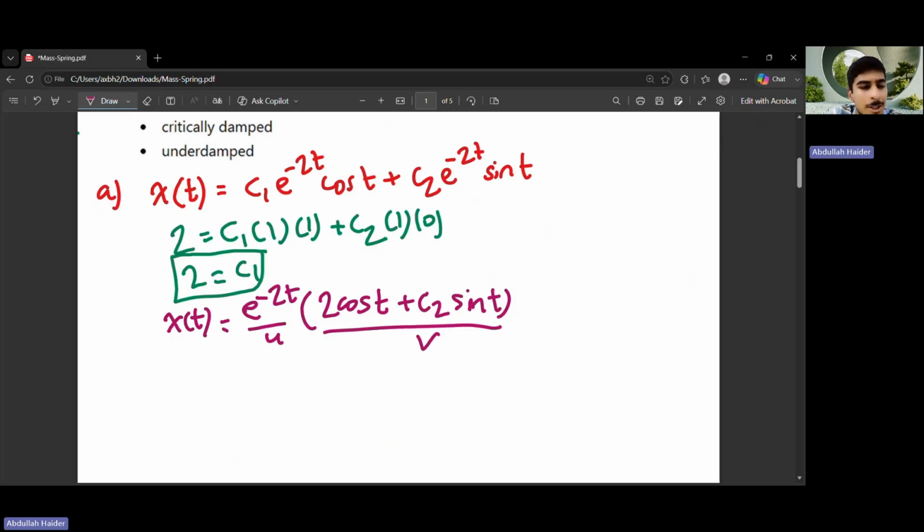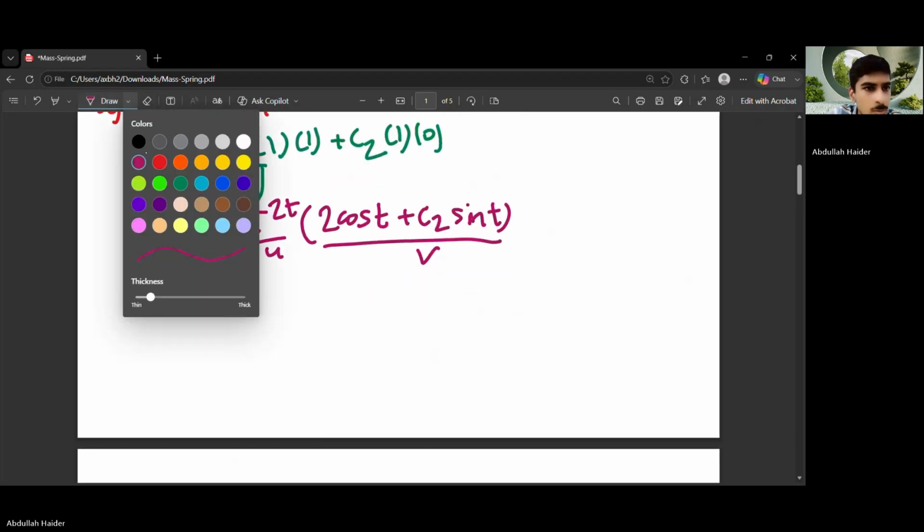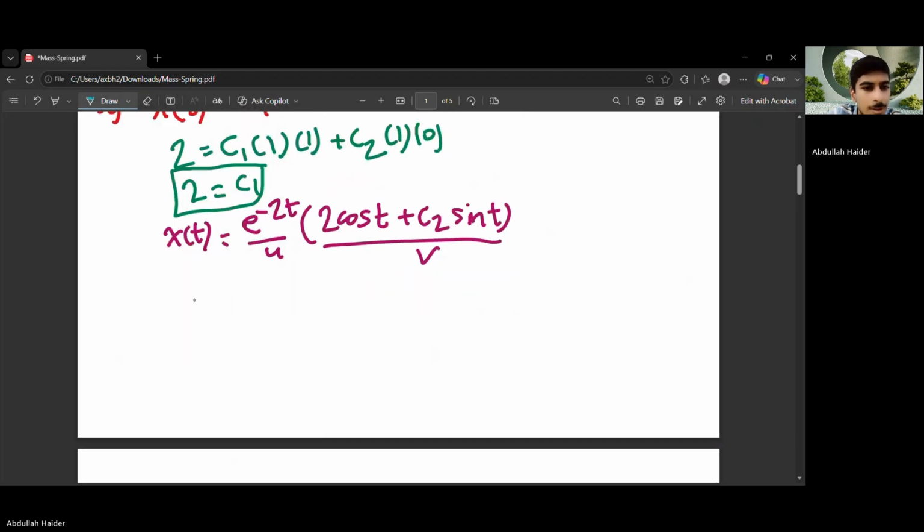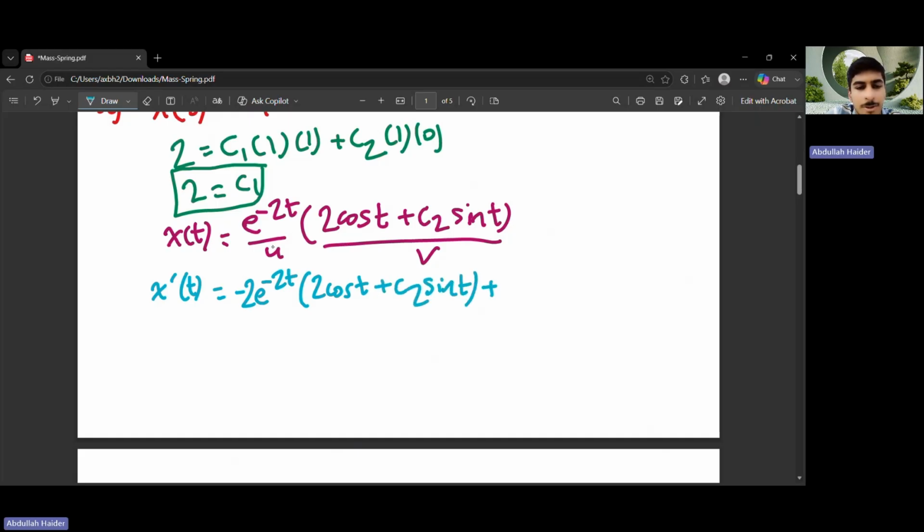So when I do the derivative, x prime of t is u prime, which is -2e power -2t, times 2 cosine t plus c2 sine t, plus, u stays the same, e power -2t, times the derivative of v, which is -2 sine t plus c2 cosine t.